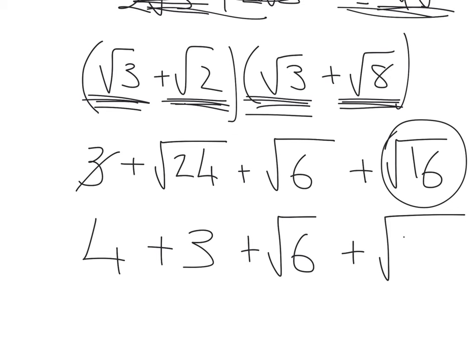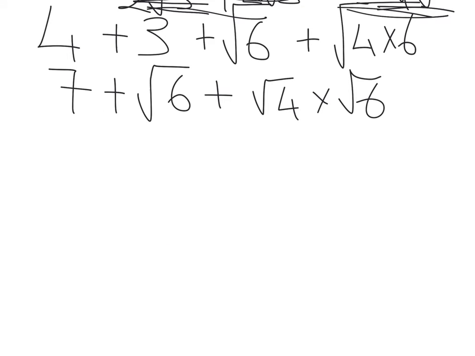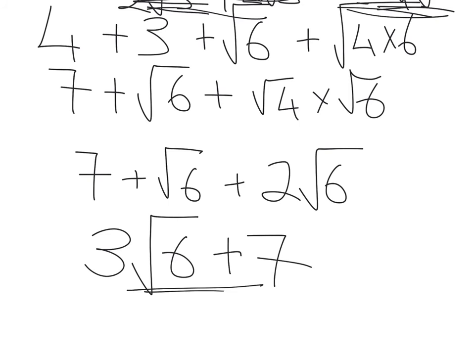So from a list of square numbers I would select 4, so that's 7 plus root 6 plus root 4 times root 6. So 7 plus root 6 plus root 4 is 2, 2 root 6. So final answer is 3 root 6 plus 7.